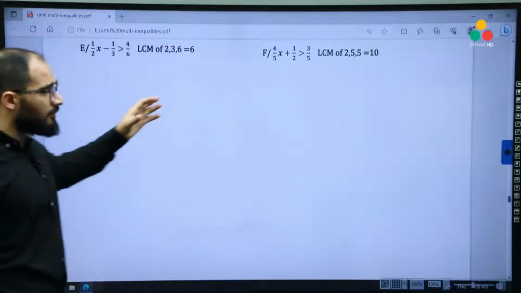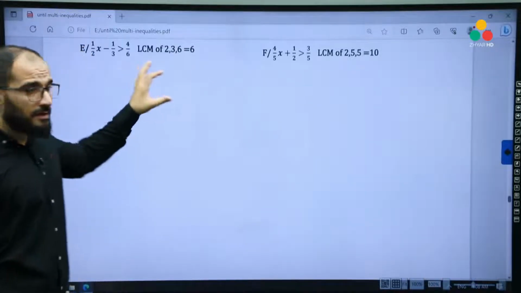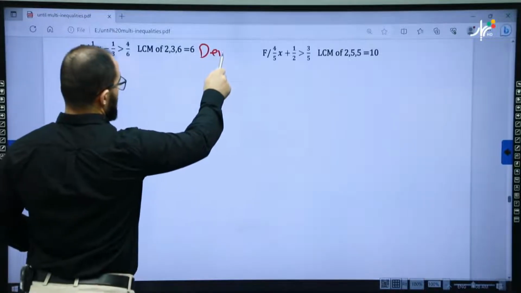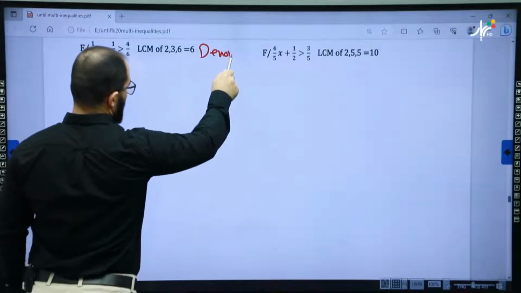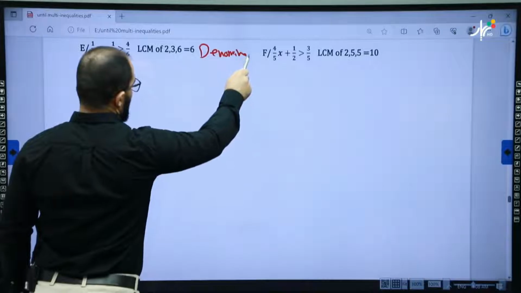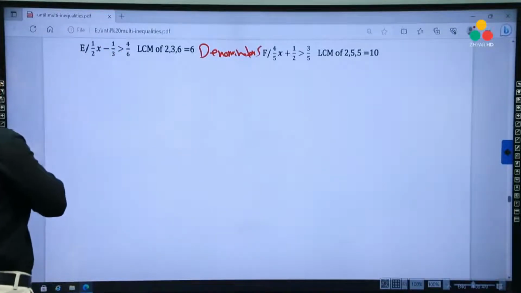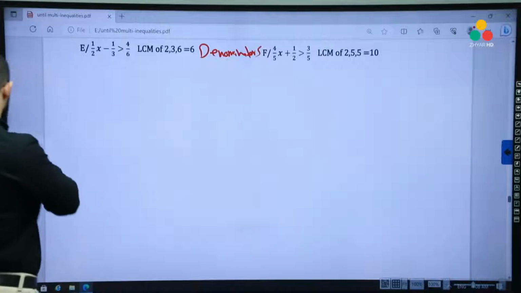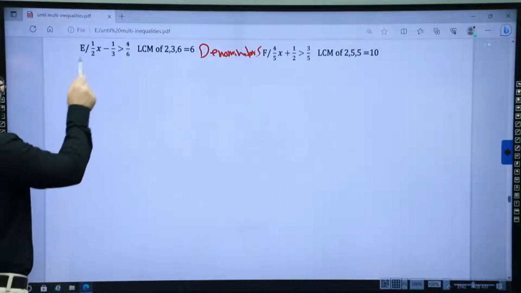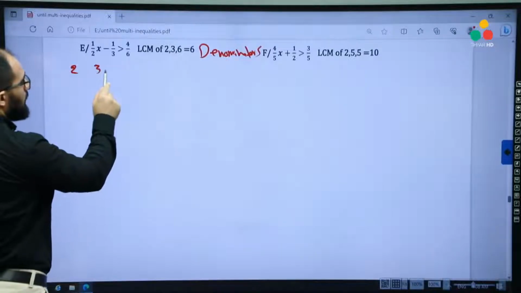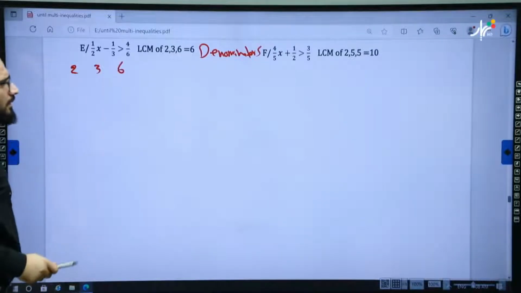In this kind of example, the first step, focus on the denominators. In the denominator of each fraction, we have 2, we have 3, and also we have 6.